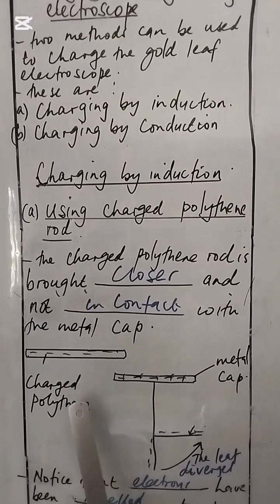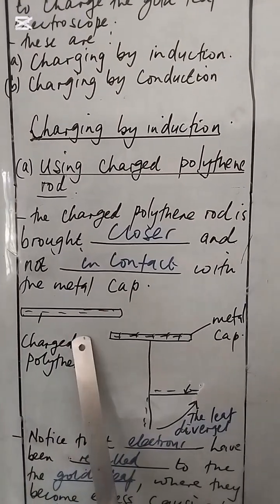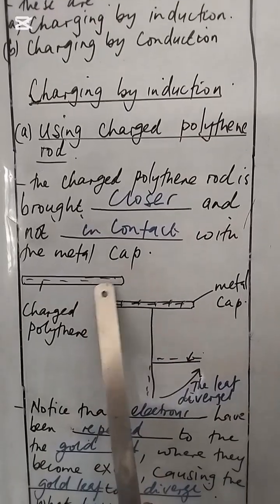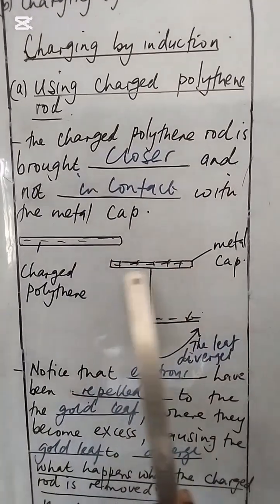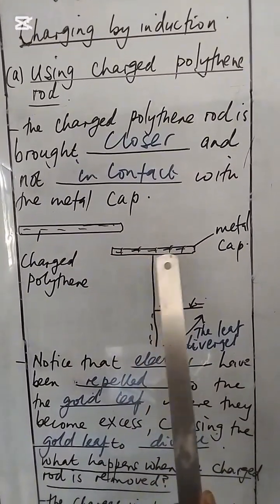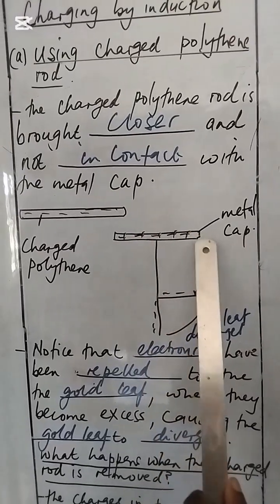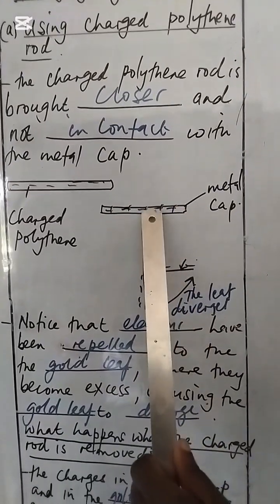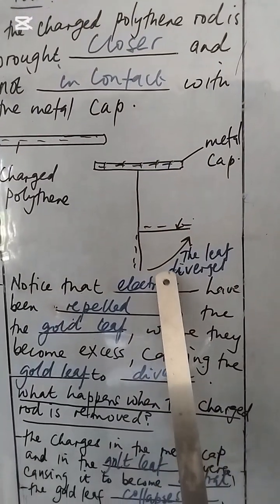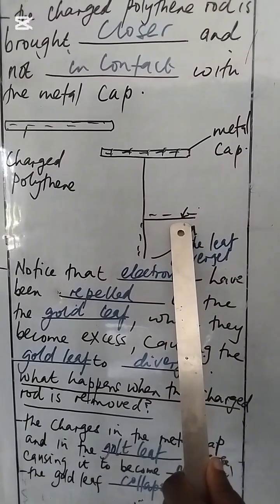Look at the charged polythene with negative charges in it. Then these negative charges will repel electrons which were in the metal cap far away from the cap to the gold leaf.